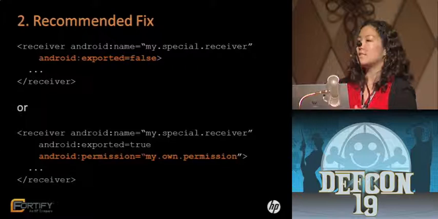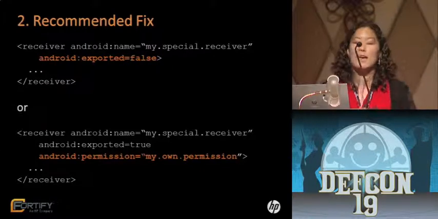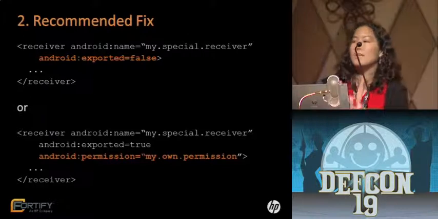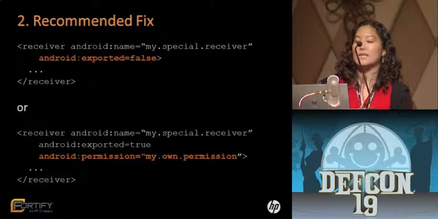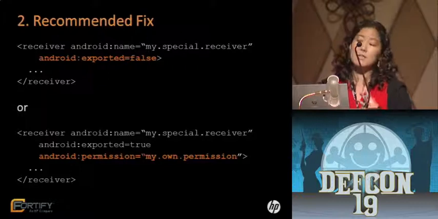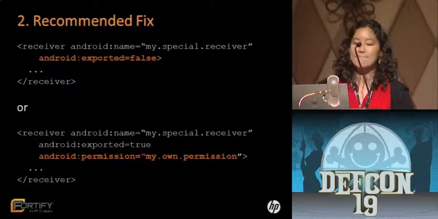If the component is supposed to be a public component, then consider limiting the interface by requiring that the sender has a permission. In the second example, you can see that even though the exported flag is true, it also has a permission. So it's limiting the types of intents that can be sent to this component. In any case, make sure that public components aren't performing any sensitive operations.